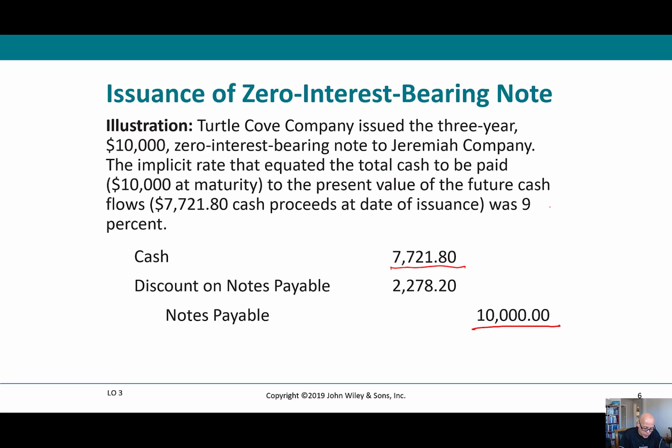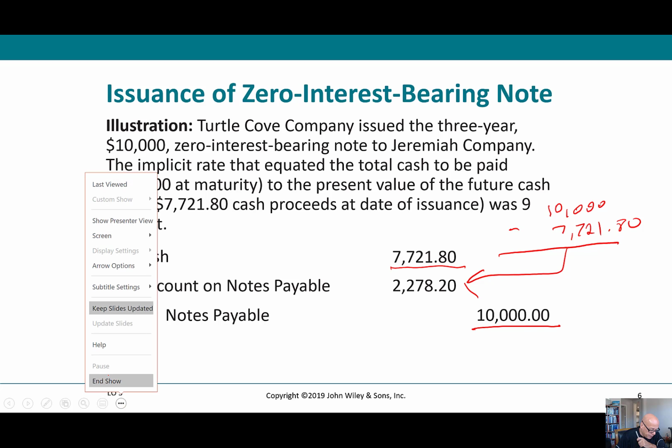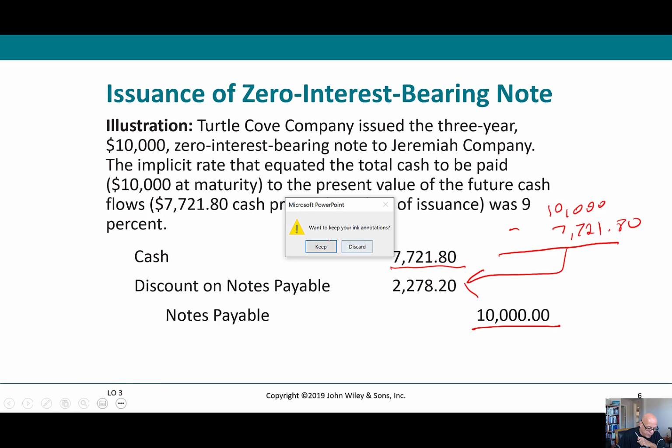And the answer is, well, look, the discount is the difference between the present value of the cash that you got and the amount that you're ultimately going to have to pay back. So that's where that 227820 came from. That's the discount on this note. Okay, good. So we've got the cash that we received. We've got the discount. We've got the note payable here.